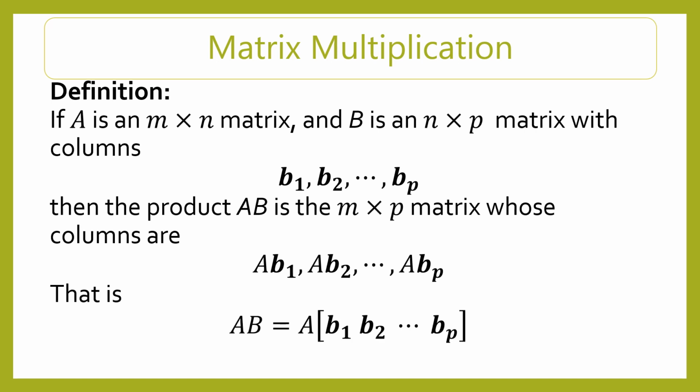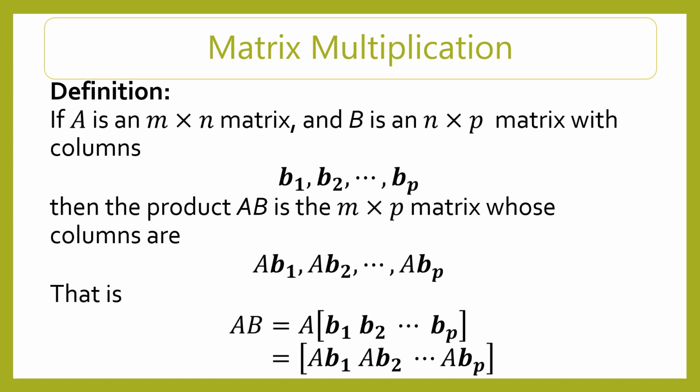Just to write it out clearly, so if I have A times B and I've represented B in column form this way, then A times B will be in this form, because this is now representing your B. And then all I need is to multiply A by each of these column vectors. So you will have A times B1, A times B2, all the way to A times Bp.